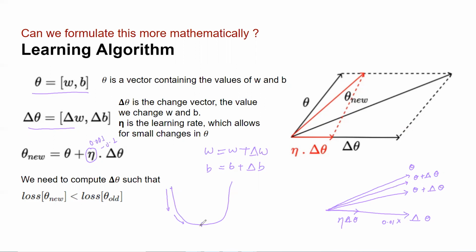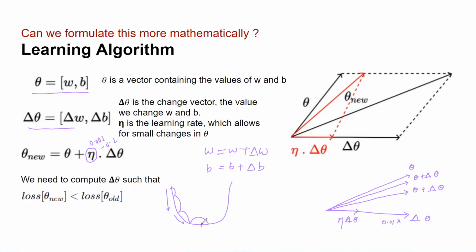If you make a big change, jump here and then make a change here, then another here, you might miss this minimum point. So we want to make a very, very small change in the value of theta so that we do not miss the minima point.